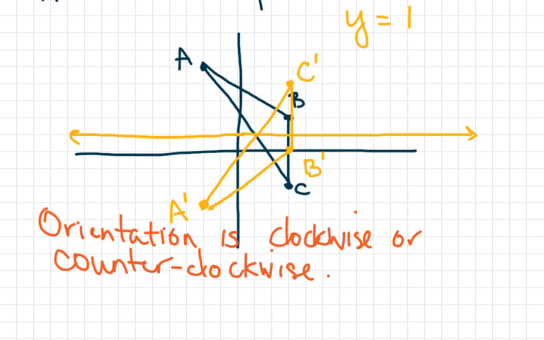That's different than the orientation being clockwise and counterclockwise. So if we talk about figure triangle ABC that I have in black, if I start at A, I go to B, and then I go to C, I am moving in a clockwise direction because that's how the clock moves.